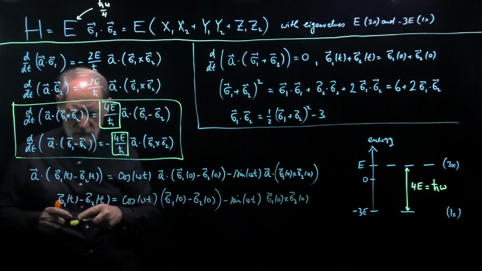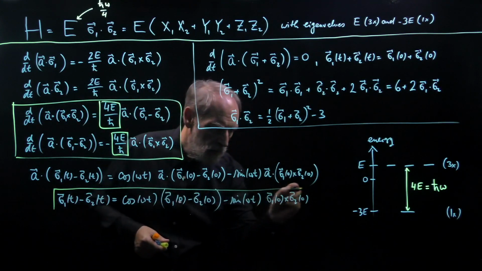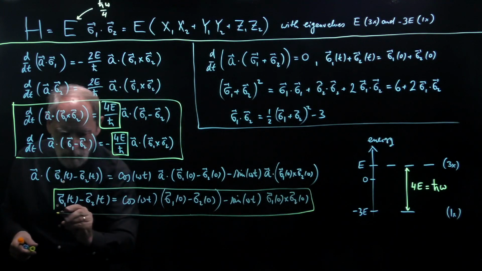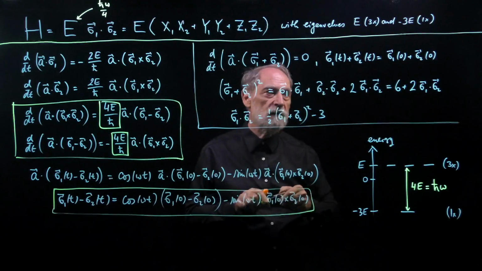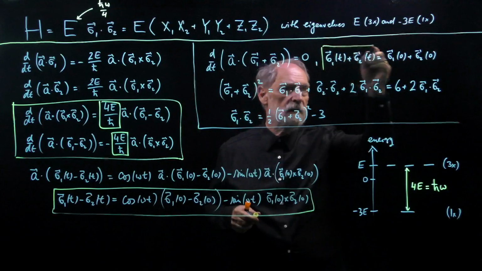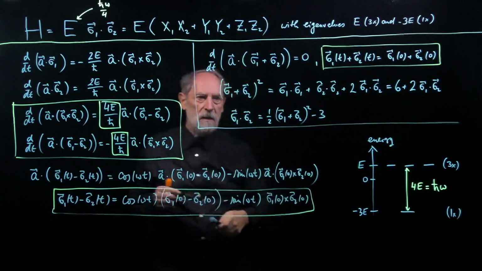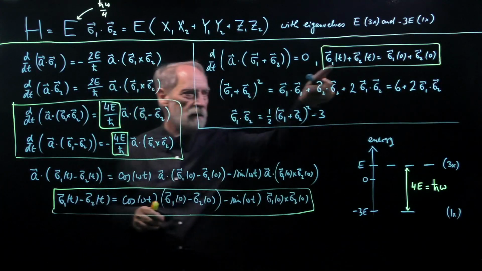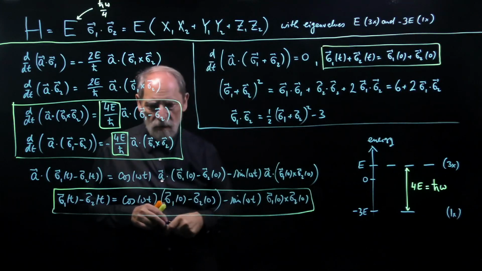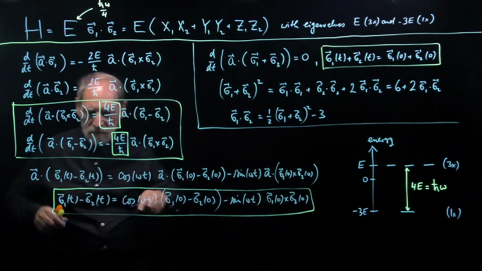So we have the difference of sigma 1 and sigma 2 at time t expressed in what these operators are at the initial time, and here we have the sum. So clearly now, if I take half the sum of these left-hand sides, I get sigma 1 of t.